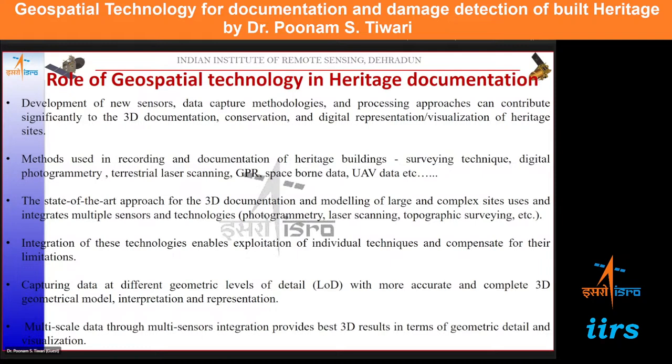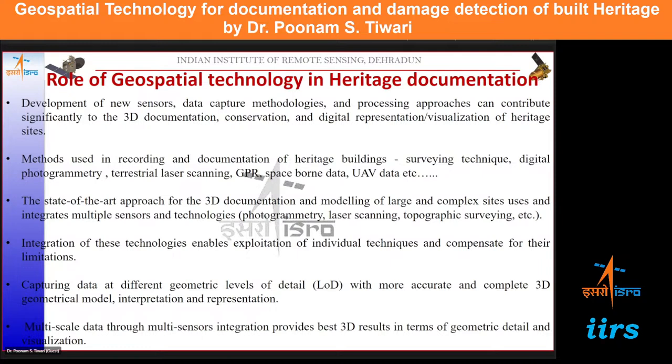There are various methods of recording and documentation of heritage sites. They can be the surveying techniques, which you already know: the EDM, total station, GPS. Then we have digital photogrammetry, and terrestrial photogrammetry.